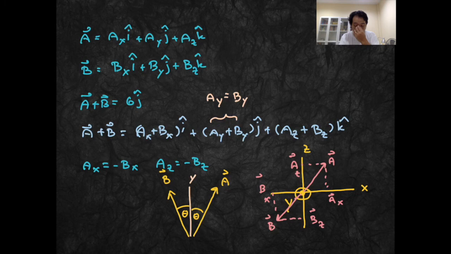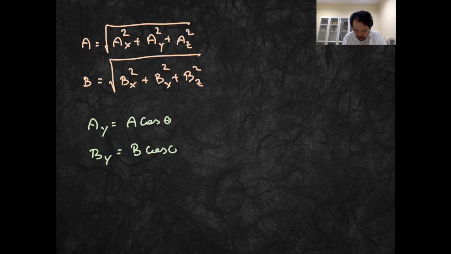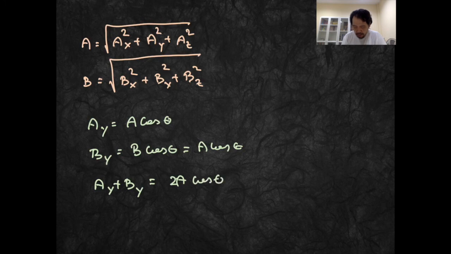Okay, so we have this condition. And from this, together with this figure, from the definition of the component of A along the y-axis and B along the y-axis, we have that AY is equal to A cos theta and BY equal to B cos theta, which can also be written as A cos theta, which means that AY plus BY is equal to 2A cos theta.